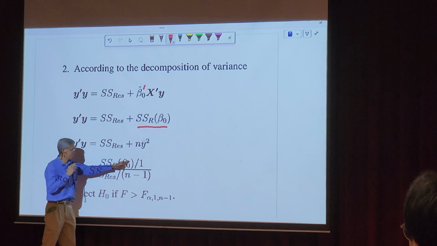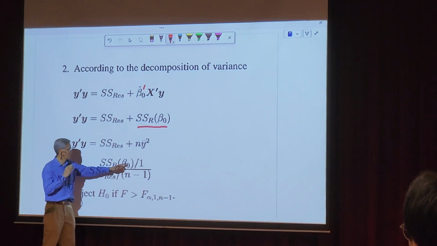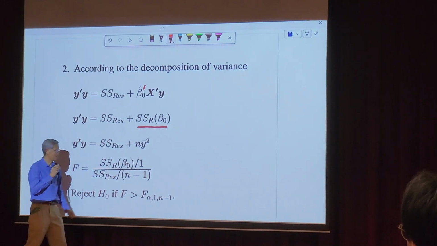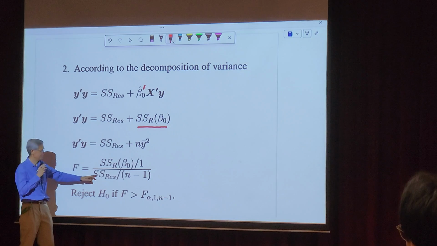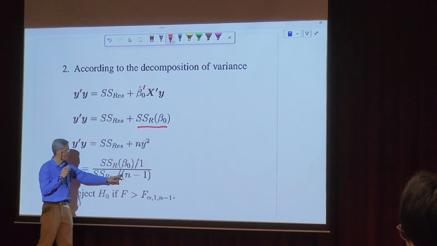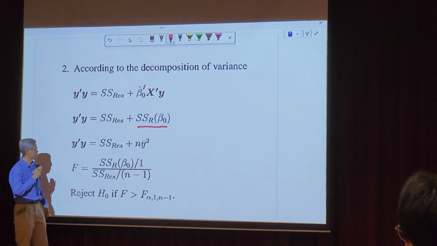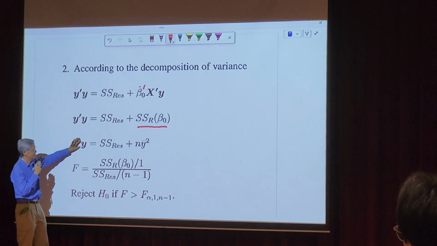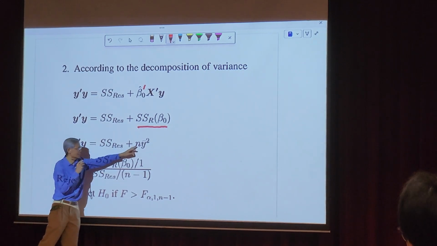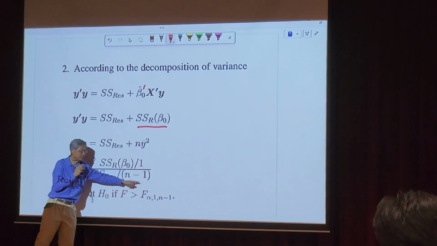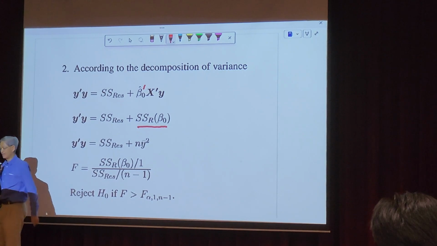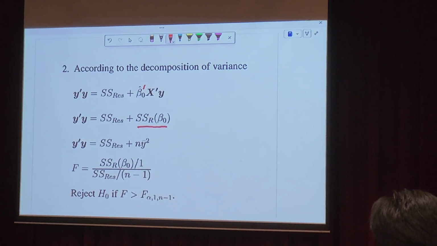What's the degree of freedom for this sum of squares? 1, because there's only one parameter to be tested. What is the degree of freedom for the residue? n minus 1. This is n minus 1 because there's one constraint involved in estimating beta naught.